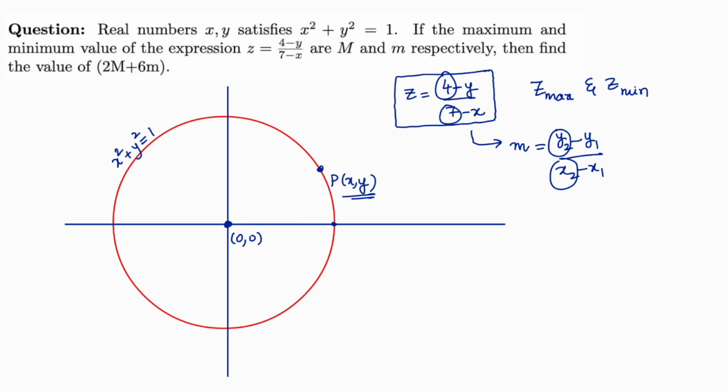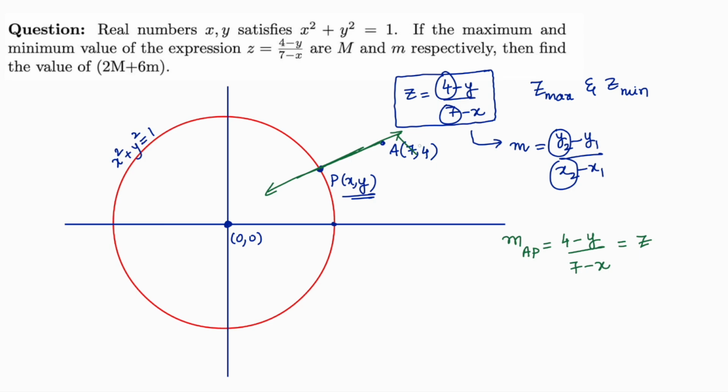So let's take a point whose x coordinate is 7 and y coordinate is 4. Definitely this point would lie outside the circle. Now, what is the slope of AP? That is y2 minus y1 divided by x2 minus x1. This is only z. This AP line slope is only z.